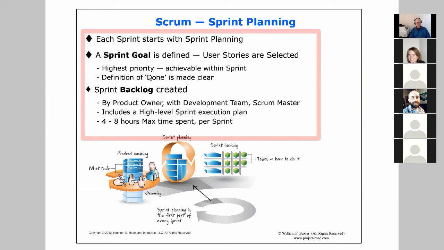So if the expectation is we're going to produce something that's going to be put into production, then that means we're going to do much more thorough integration testing and so forth. If our definition of done is that we're going to get a low fidelity wireframe for customer feedback on design direction, well, that's a very different definition of done. And so we want to be clear on what that expectation is.